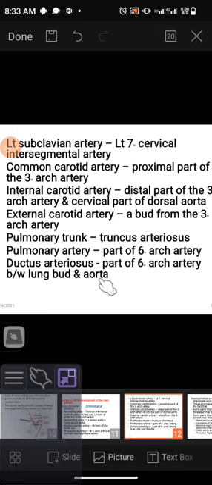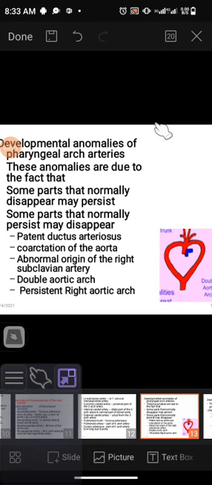Alright, so the ductus arteriosus, I've told you this before. This is what you need to memorize. Developmental anomalies are due to the fact that some parts that are meant to disappear remain or persist, while those that are meant to persist disappear. You can see a double arch of aorta, very bad.